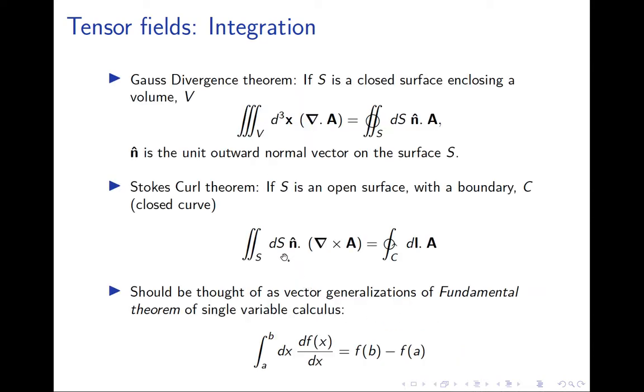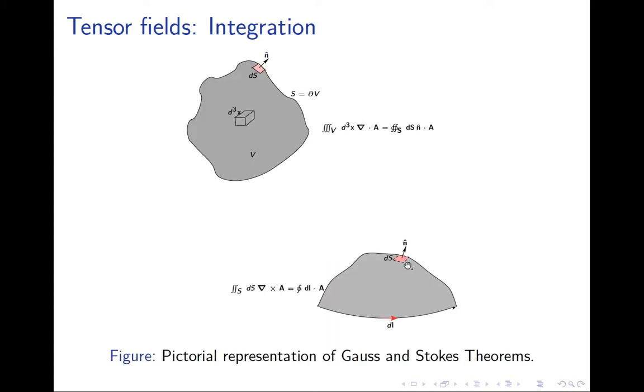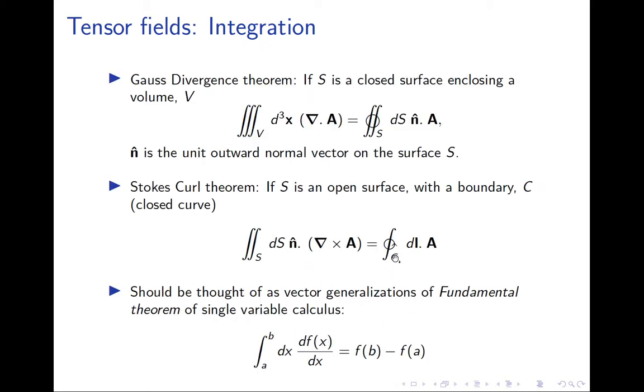Stokes theorem tells you that when you measure the flux of curl of A on this surface, with a small surface element and the unit vector n, so curl of A dotted with n, that's the flux of curl of A over the surface, it is equal to the line integral of A. A line integral of a vector usually means a dot product with the line element dl, which is this little vector pointing along the tangent and of length dl.